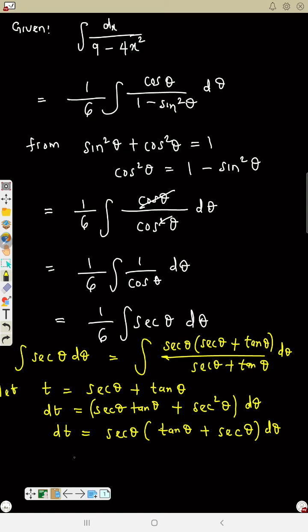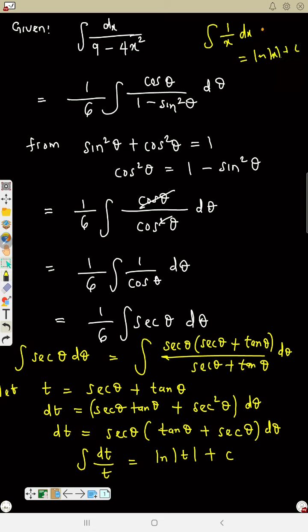So that means this becomes integral of dt divided by t. So that's what we have now. So the integral of 1 over t is ln t plus c. If you have integral of 1 over x dx, it will give you ln x plus c.